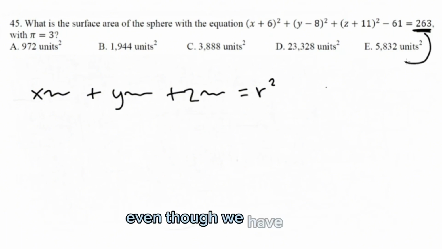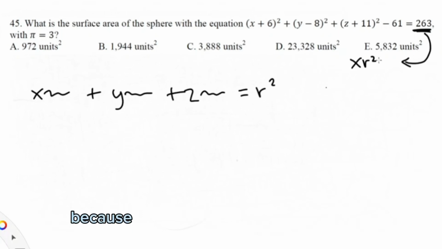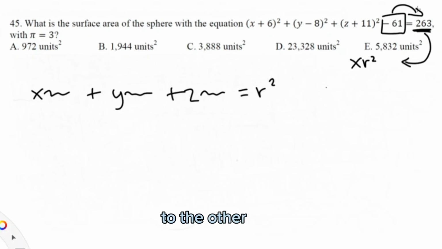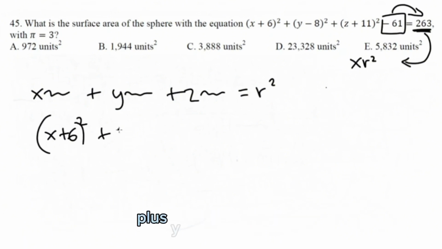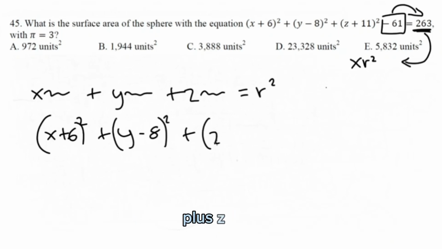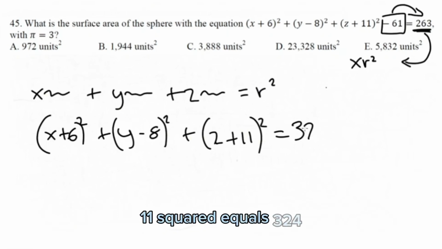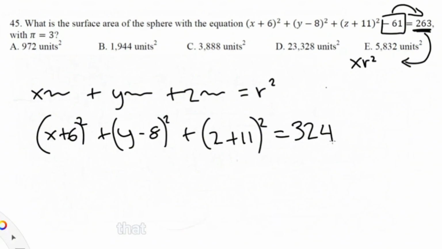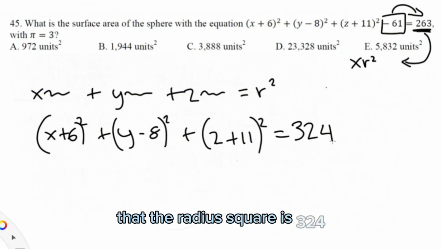However, even though we have 263, that is not our r squared, because we have a negative 61 over here. We need to bring this negative 61 to the other side. The way we do that is we add 61 to both sides of the equation. So now this becomes (x plus 6) squared plus (y minus 8) squared plus (z plus 11) squared equals 324. So that means that the radius squared is 324.